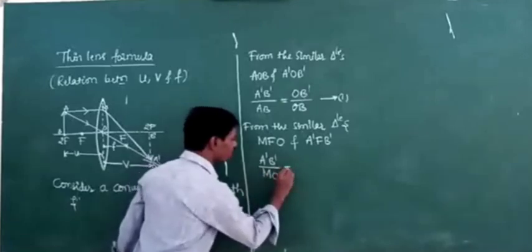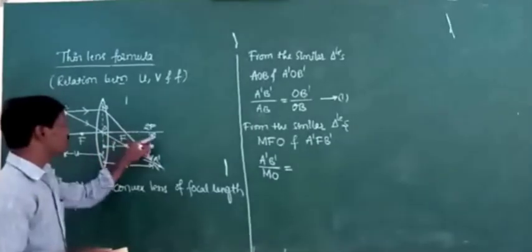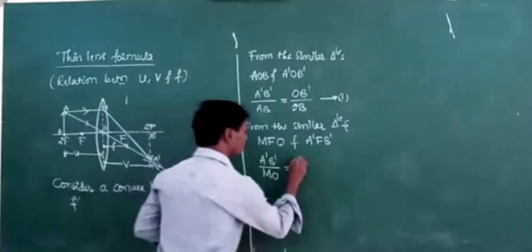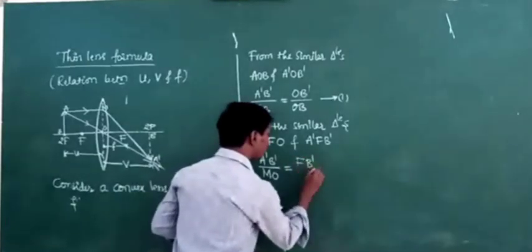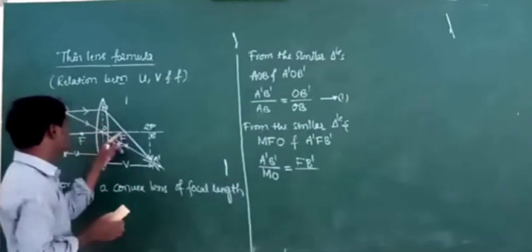That is equal to the horizontal side ratio. The horizontal side in A'FB' is FB', divided by the horizontal side in triangle MFO, that is OF.